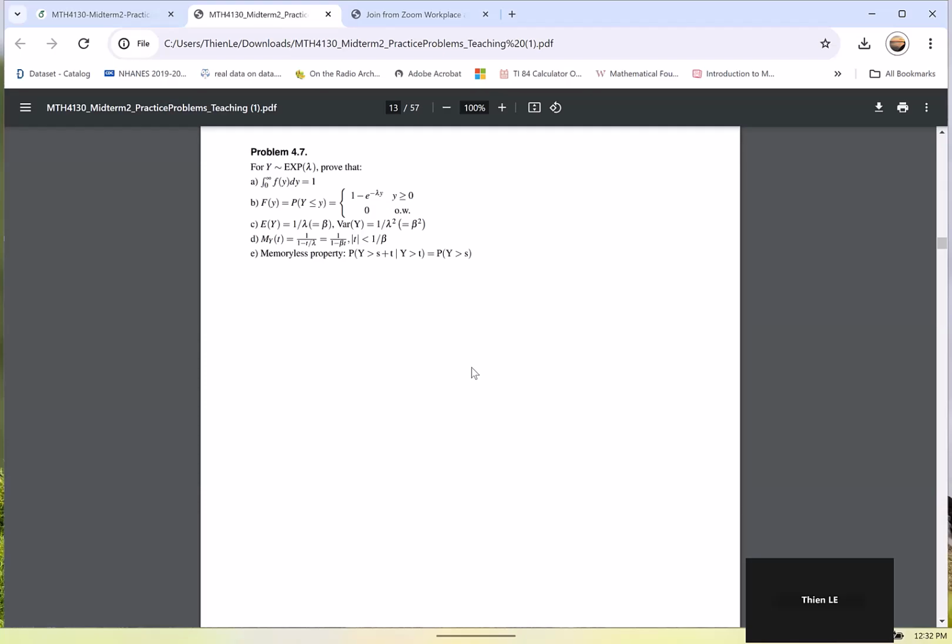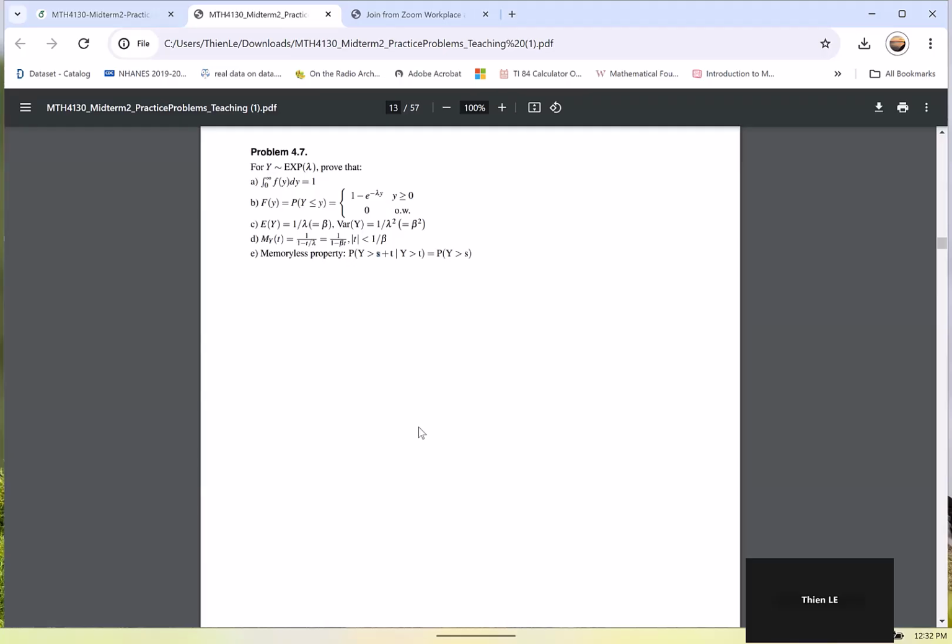Then prove the CDF in this fashion. So just some integral calculation, right? And prove the mean and the variance, the moment generating function, and the memoryless property. Which means if you know up to t, after that it has nothing to do with the t, right? You just take the s here.